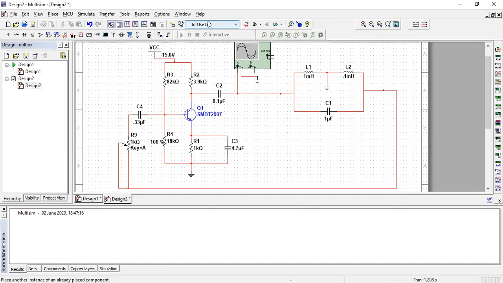Now this network is based on a tank circuit, made of inductors and a capacitor. Here there are two inductors and one capacitor in this arrangement. The two inductors are in series, the center point is connected to ground, and they are in parallel with the capacitor. So this tank circuit arrangement with two inductors and one capacitor gives the Hartley oscillator.